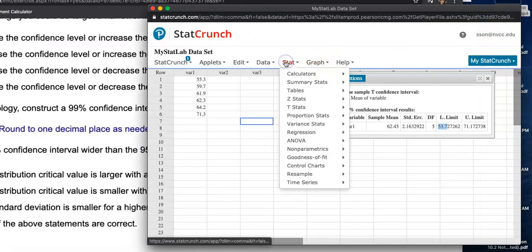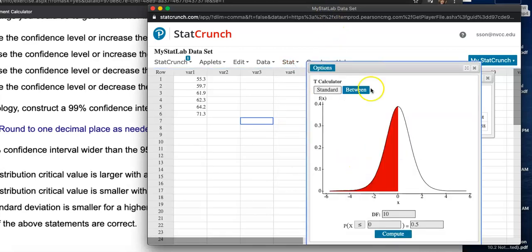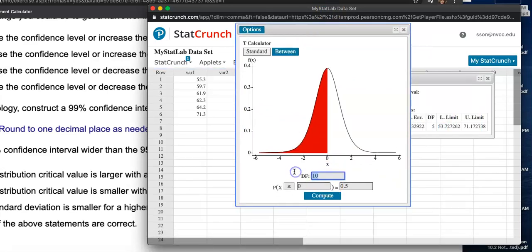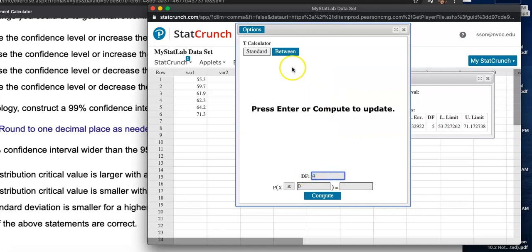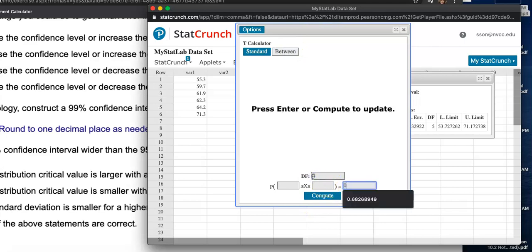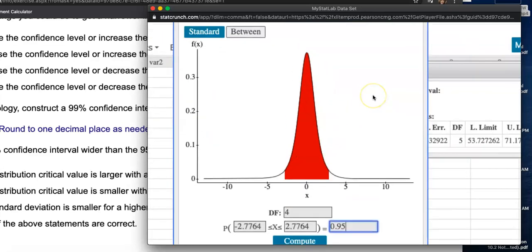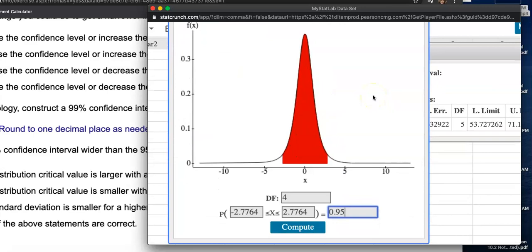If I go ahead and create a T distribution, the sample size was 5 tomato plants, right? So what if I just change it to 4? And if I want 95% in the middle, this will be the 95% confidence interval.